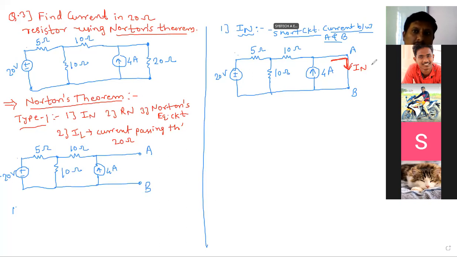Whether we have to short or whether it is open. Keep as it is. Yes, very good. If only resistor will be there, you can remove it. Okay. Now 4 ampere current source as it is.